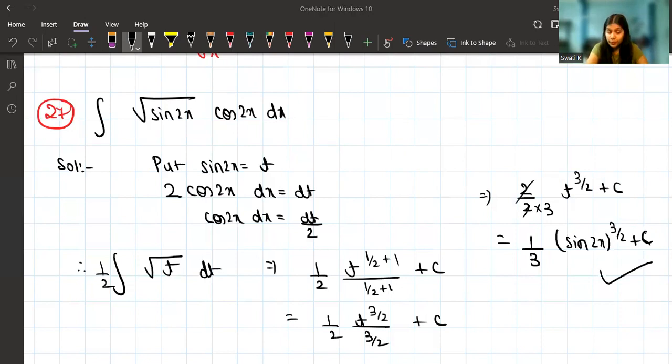This was the 27th question. Now let's move to the 29th question. Okay, I just want to see how many questions we have, and then I'll tell you how many questions I'm going to do. So we have total 39 questions. So I am going to basically solve till 30th question. For the rest 9, I think I have to make the third part of the video as well.